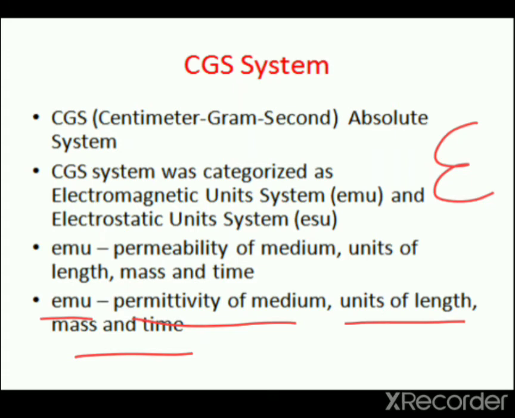The permittivity of free space, epsilon 0, is taken as unity, that is 1. We may define the unit of electrical charge as a charge exerting unit force on a similar charge located at 1 centimeter distance.